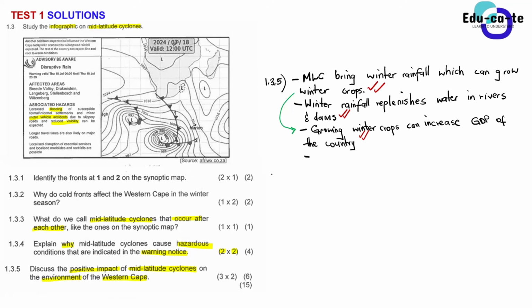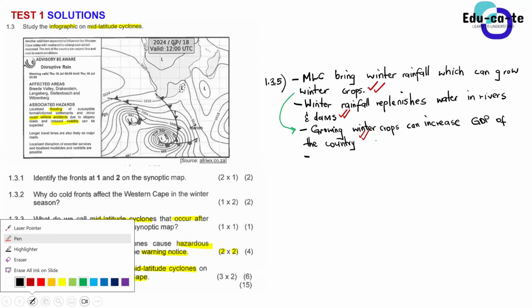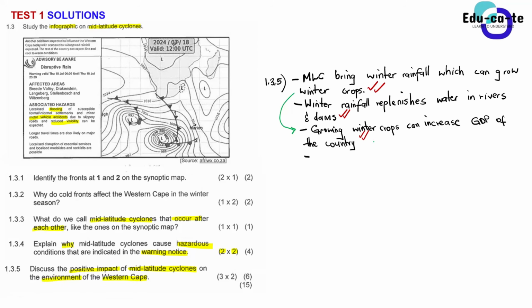Well, sir, another point I think I was going to say: rainfall supports agriculture, especially wheat. Okay, well, it is the same thing as this point.